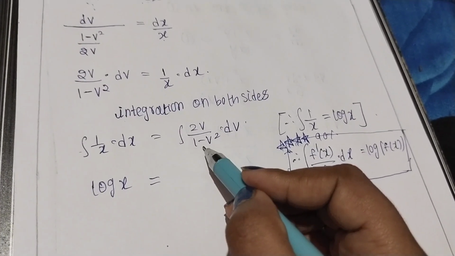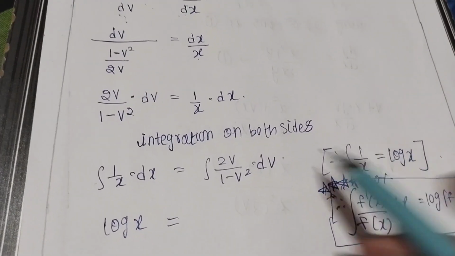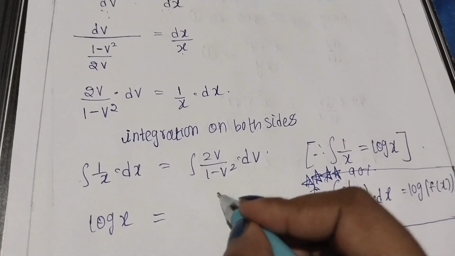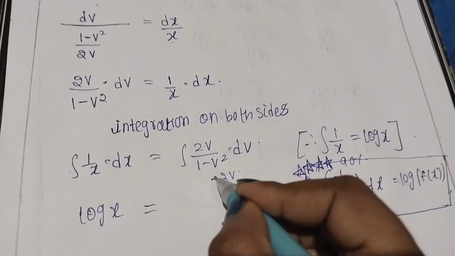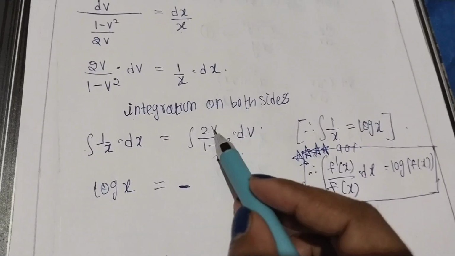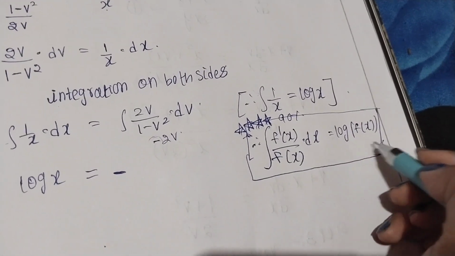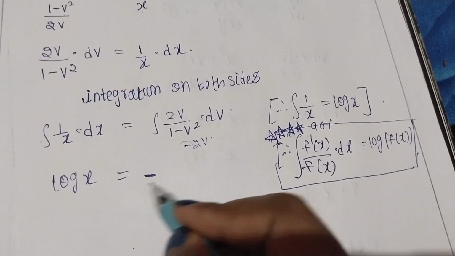So now, the derivative of this is minus 2v. So simply putting a minus over here, as we have got this formula here. Before this we have to place a minus simply.